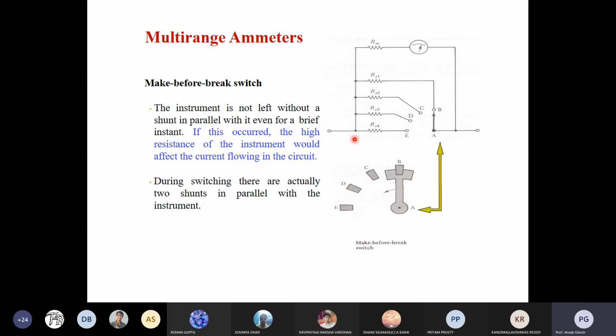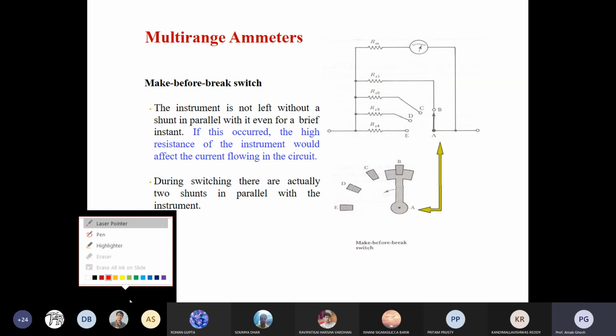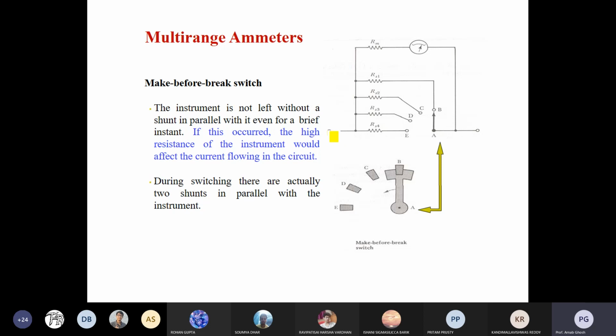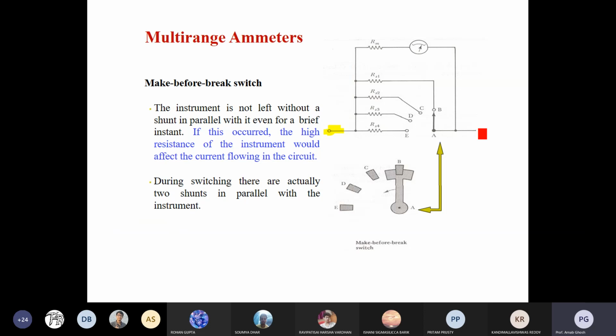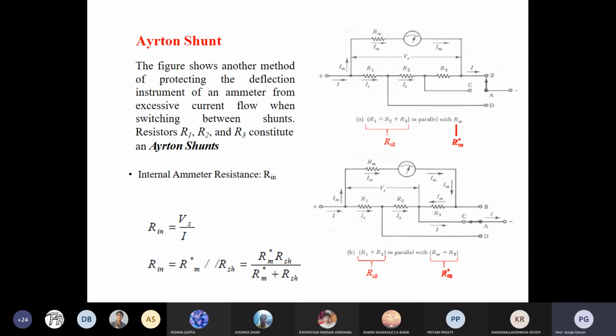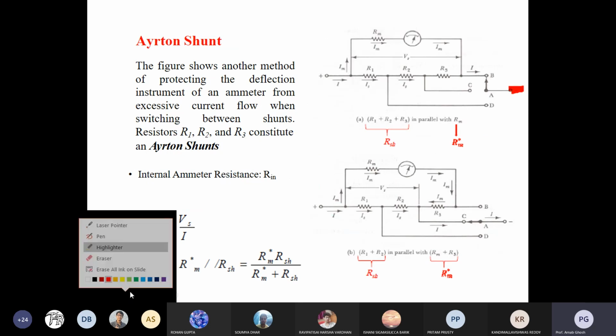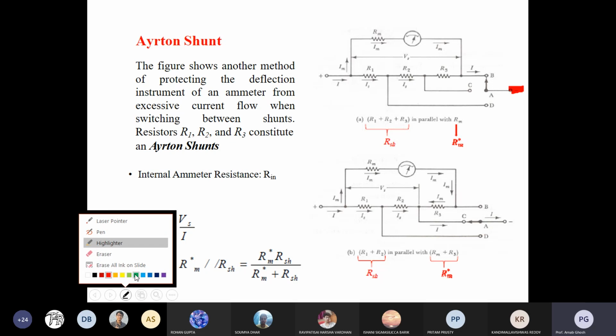So from here I can use some highlighter. Plus is connected over there, and minus will be connected there, so that is your minus terminal. Here you can see it is your minus terminal and this is your plus terminal.